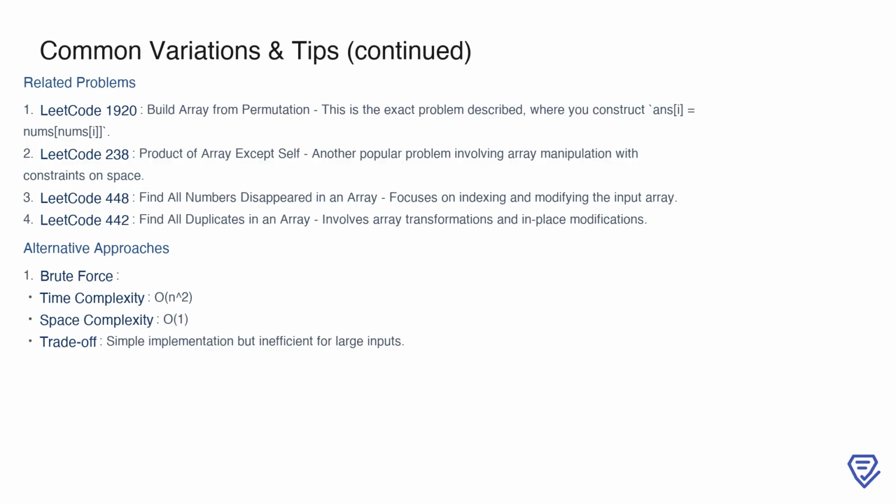When it comes to approaches, the brute force method is a straightforward option to begin with. It operates with a time complexity of O(n squared) and a space complexity of O(1), making it easy to implement. However, this approach becomes inefficient for larger inputs, as it will likely exceed time limits. While brute force has its place as a starting point, it is not ideal for scaling to large test cases.